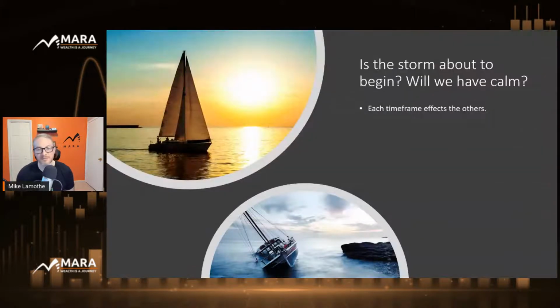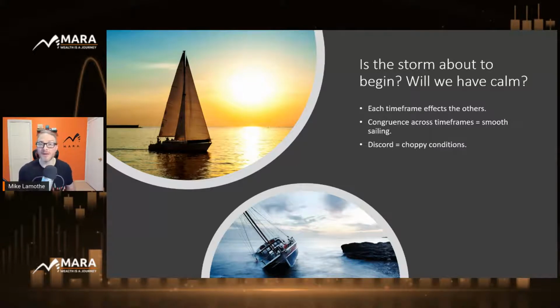Come back to this. When we're seeing congruence across time frames, we tend to have smooth sailing. When we have choppiness between the different time frames, that's where you start to see a lot more discord.